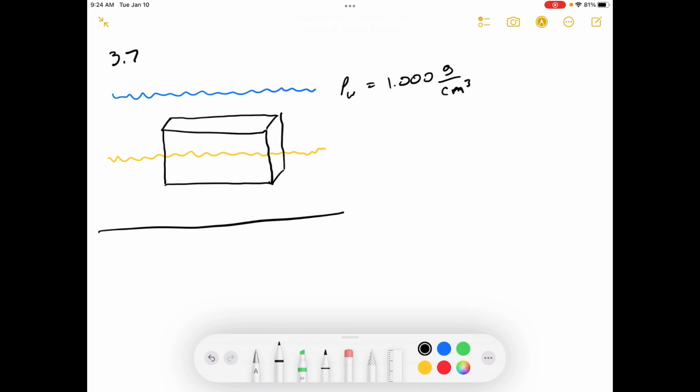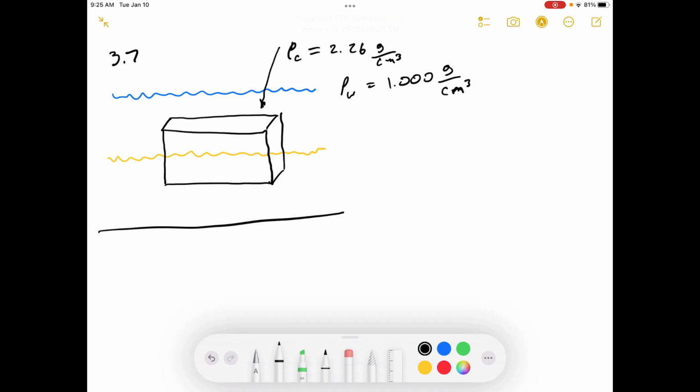We know that solid carbon is going to have a certain density, and we can look up what that is in the appendix. So if we look solid carbon up in the appendix, we know that the density of the carbon is equal to 2.26 grams per centimeter cubed.